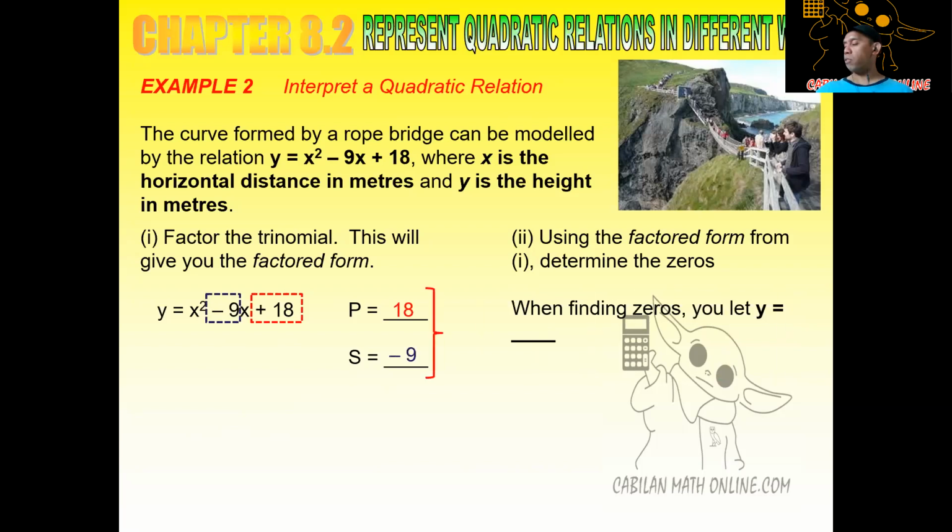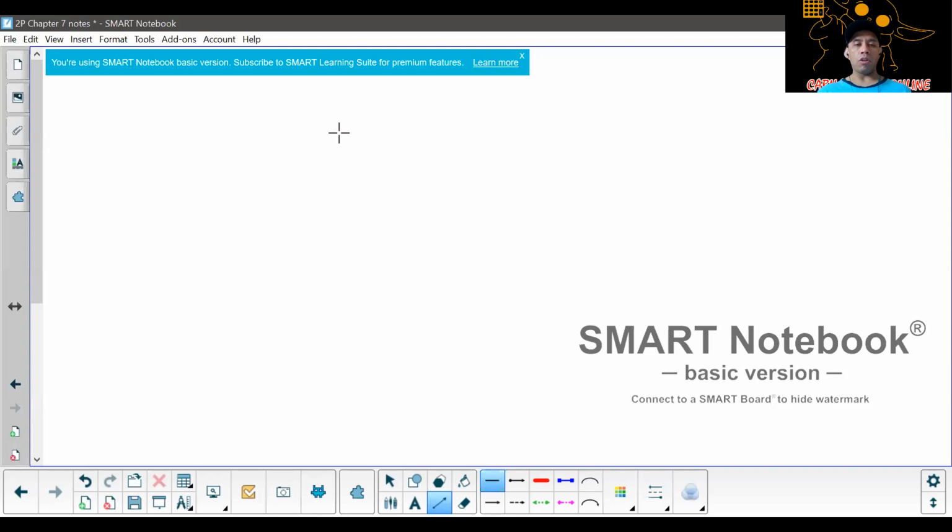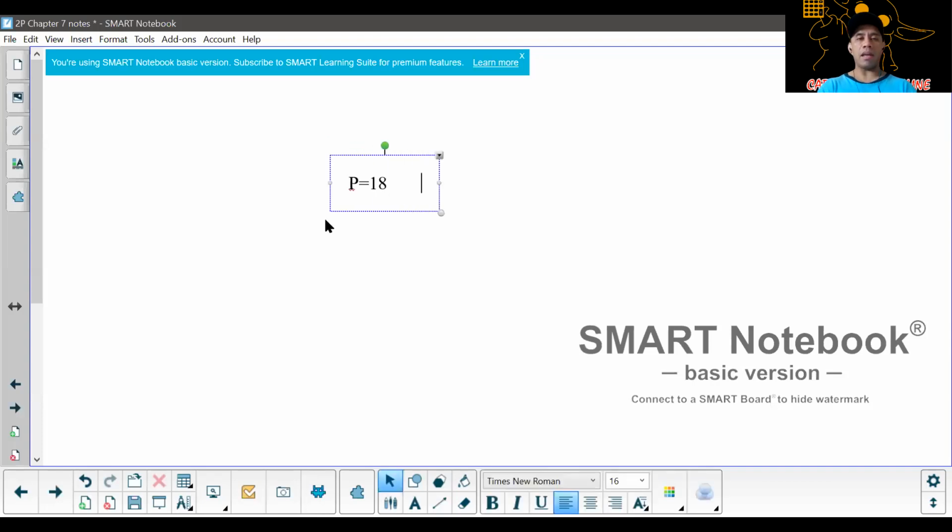So we want to find two numbers such that when we multiply them, give us positive 18, and when we add the two numbers together, give us negative 9. So let's go back to our whiteboard here. Again, we're looking at a product of 18 and a sum of negative 9.